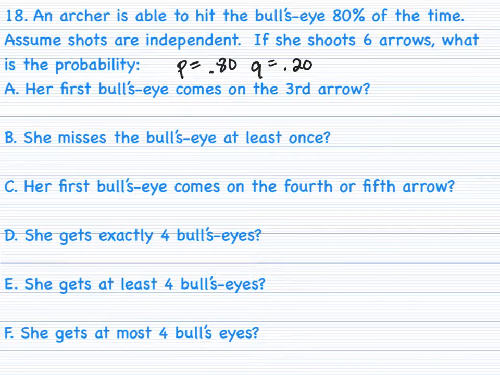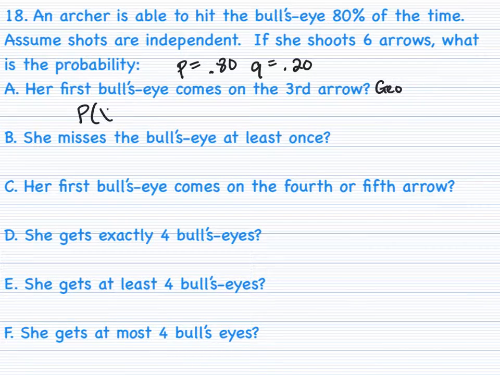What's the probability that her first bullseye comes on the third arrow? So that's a geometric question because it's when the first one is happening. Oh, sorry.